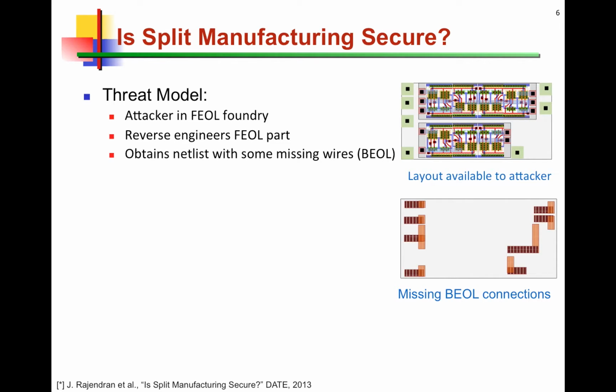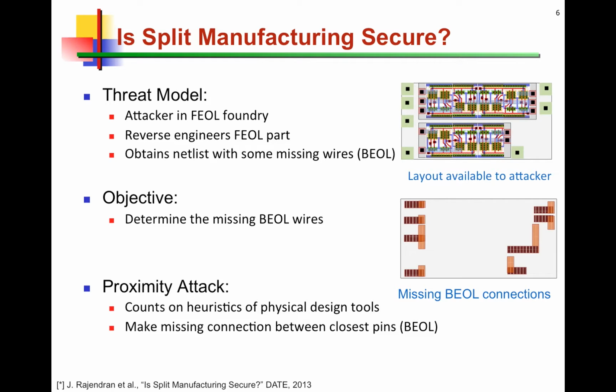If they can reconstruct that information, then they have the entire layout information available to them. So that's the threat model. And the objective is obviously to determine the missing connections, the missing wires defined at the BEOL layer.